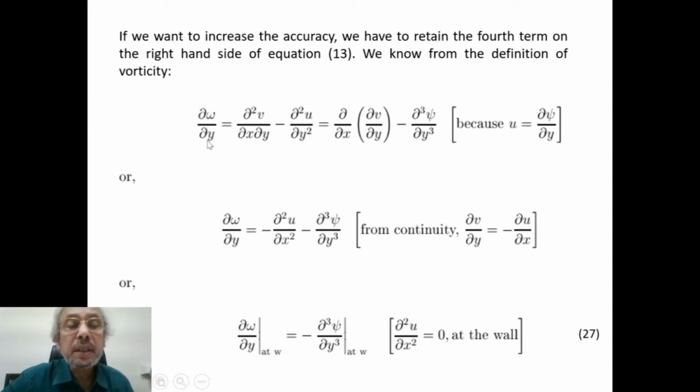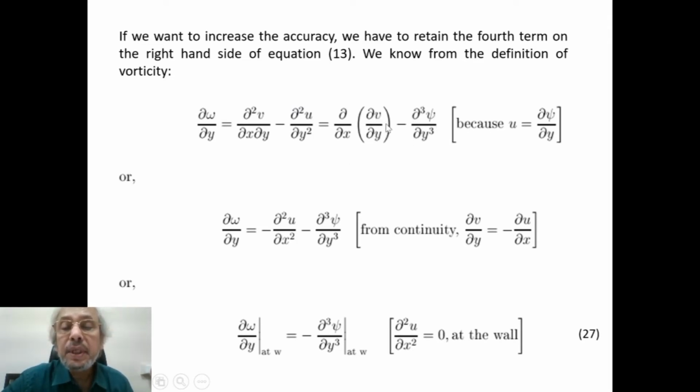and we can show that del del y of omega means del del y of (del v del x minus del u del y). Then we get del 2v del x del y minus del 2u del y 2, and we can rearrange this term as del del x of del v del y, and for the term del 2u del y 2, with u equal to del psi del y, it becomes del 3 psi del y 3.